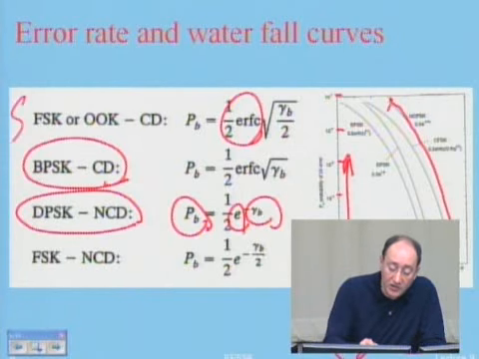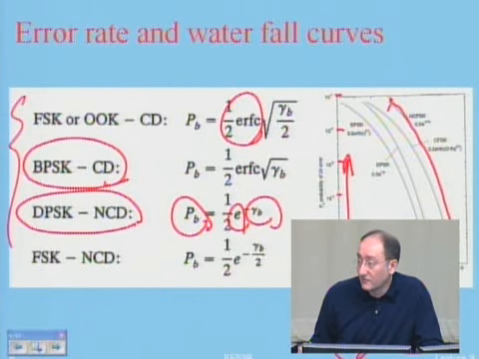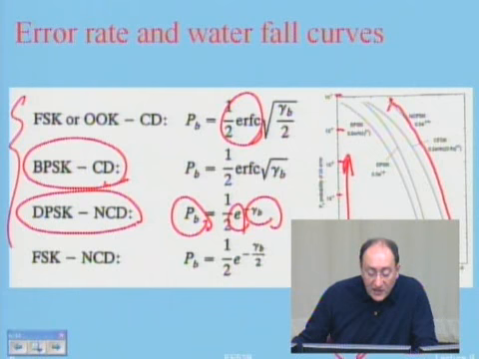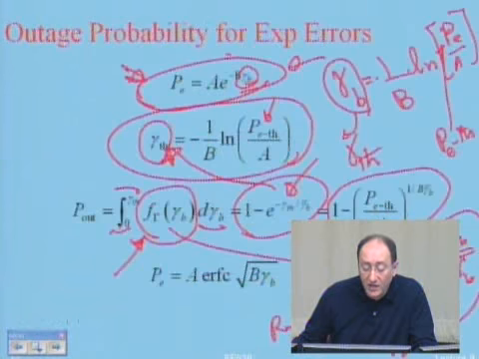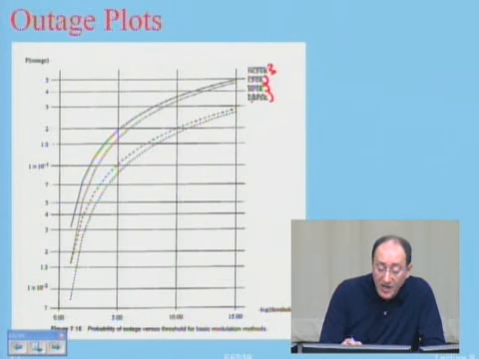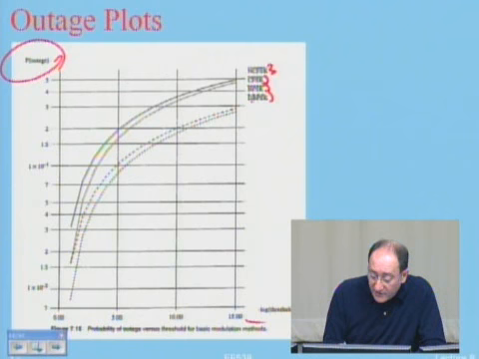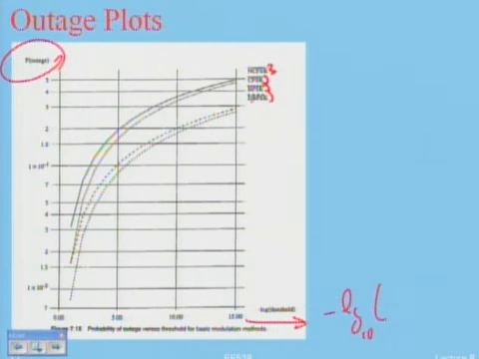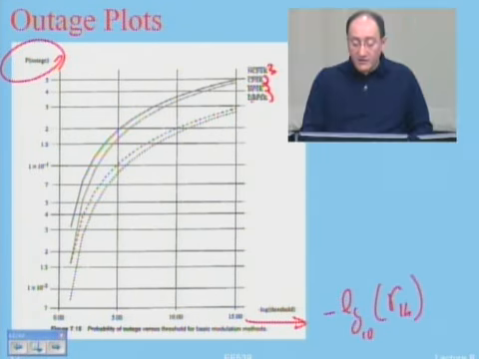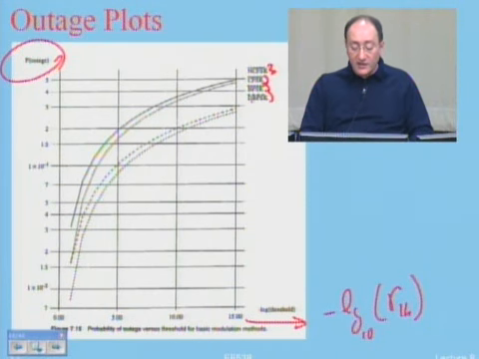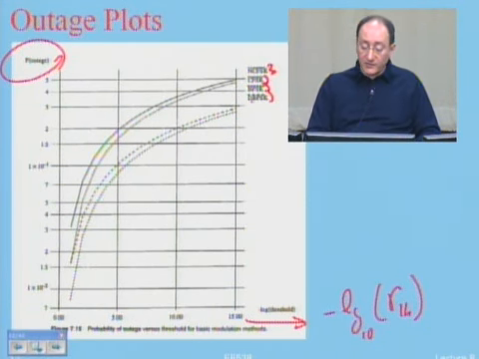These are the error rates associated to that. Now, these were error rates in a non-fading channel, and now you want to see what is the outage probability versus minus log 10 of threshold gamma, which means gamma threshold in logarithmic form.